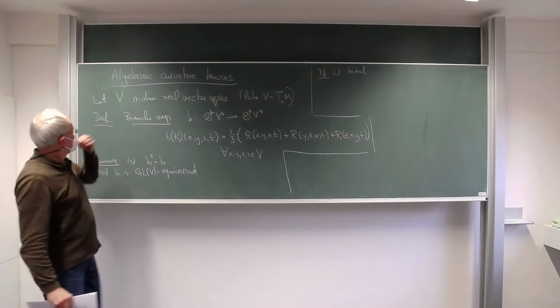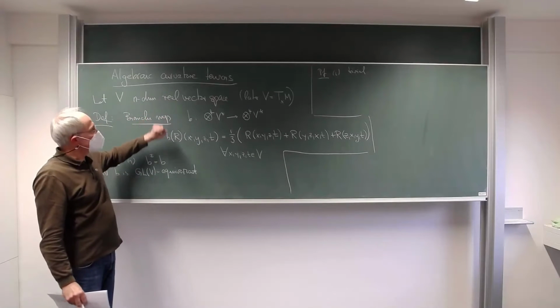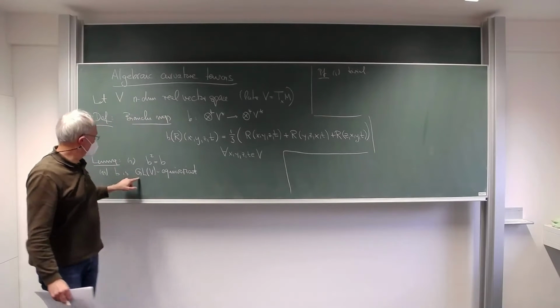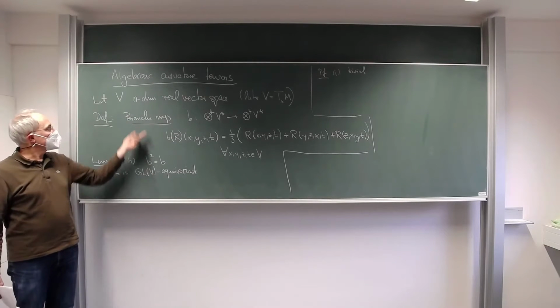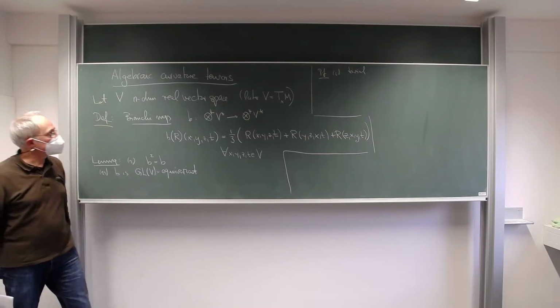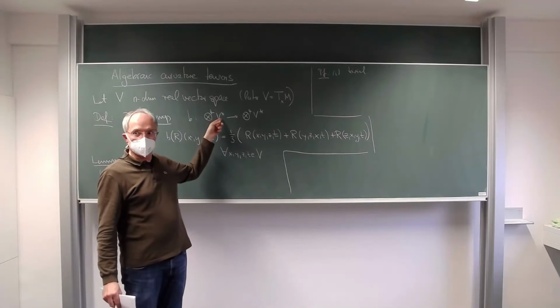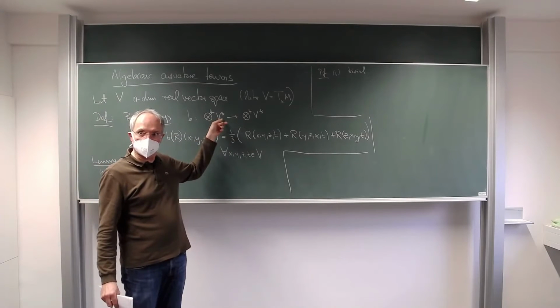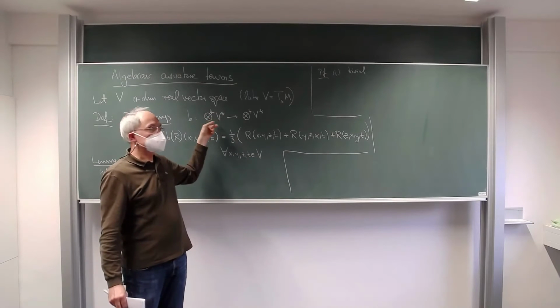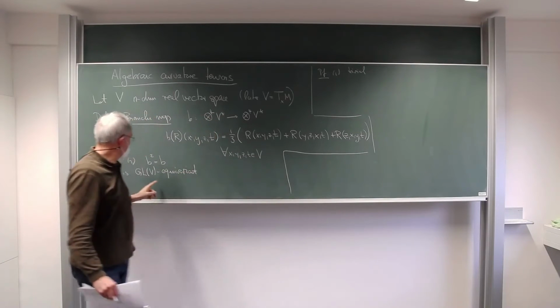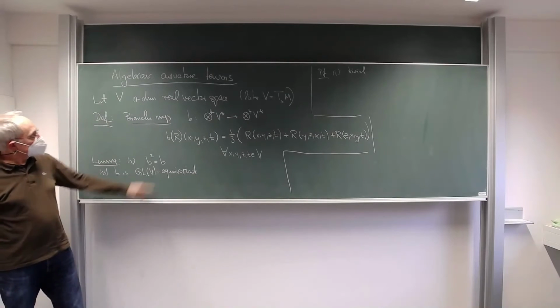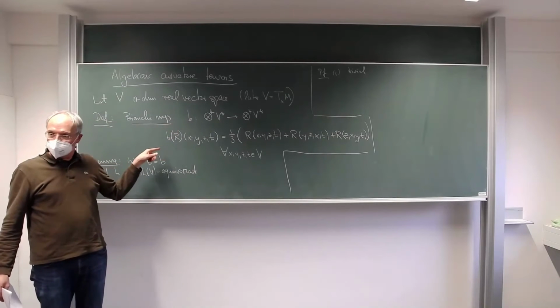Well, here we have this n-dimensional real vector space, and certainly the group GL(V), so invertible isomorphisms of V, act on V, and therefore they act via the contragredient representation on V star, and this induces an action on this tensor product. And the claim is that the map B commutes with this action.